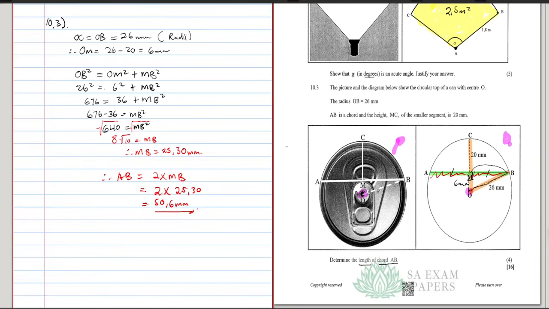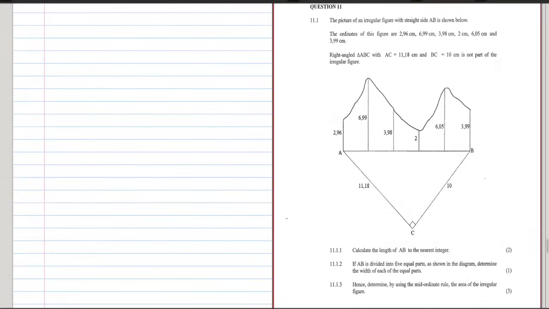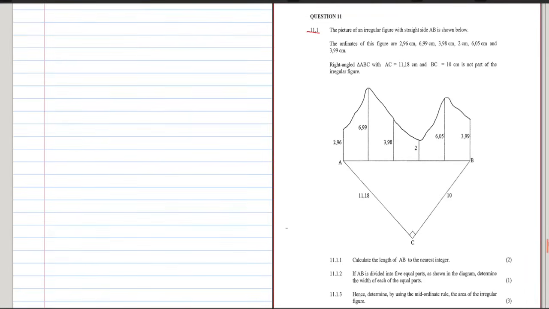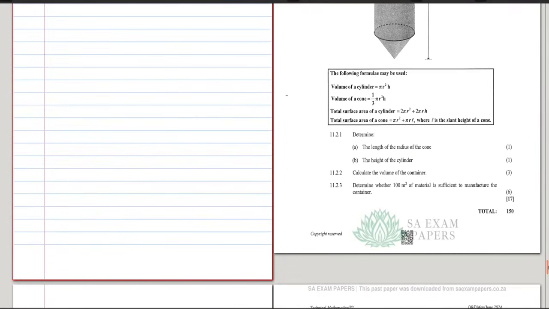Now we jump to the last question of the question paper. For this last question, we have the mid-ordinate rule, where we find the area of an irregular shape, 11.1. For 11.2, we have a question on measurement.